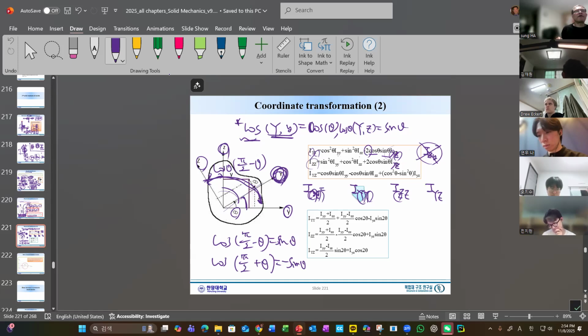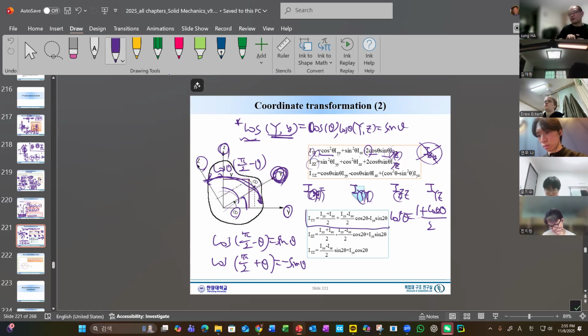And this can be further simplified like that. The cosine squared theta will be 1 plus cosine 2 theta over 2. This is the relation. So we apply here, then we can have this equation.